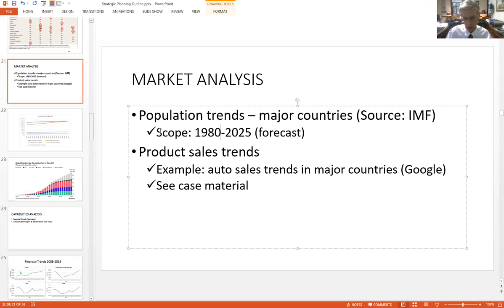You can also use Google to find, and it's just remarkable, if you, for instance, go into Google and just enter auto sales trends, you're on your Google page, if you scroll down just a little bit, you'll see some graphs. If you click on it, your entire screen will be filled with graphs.